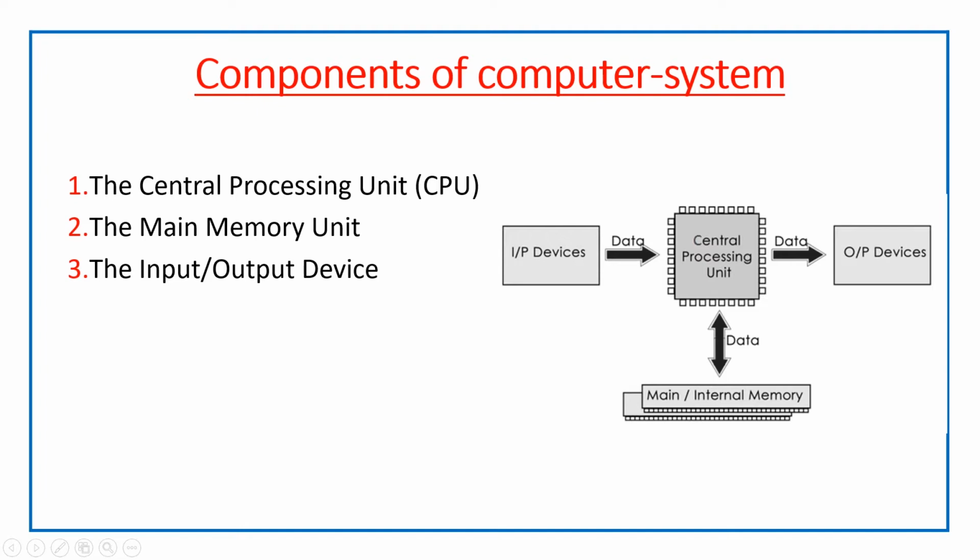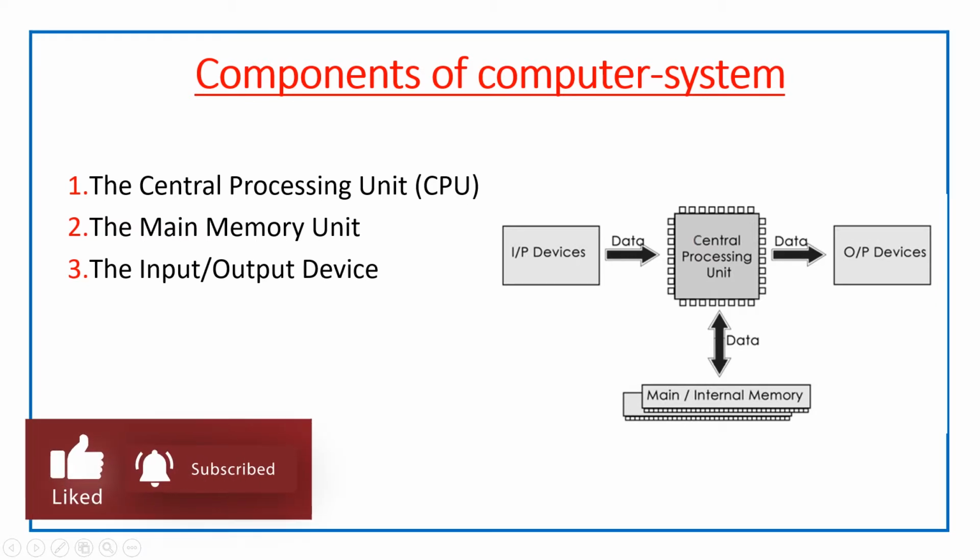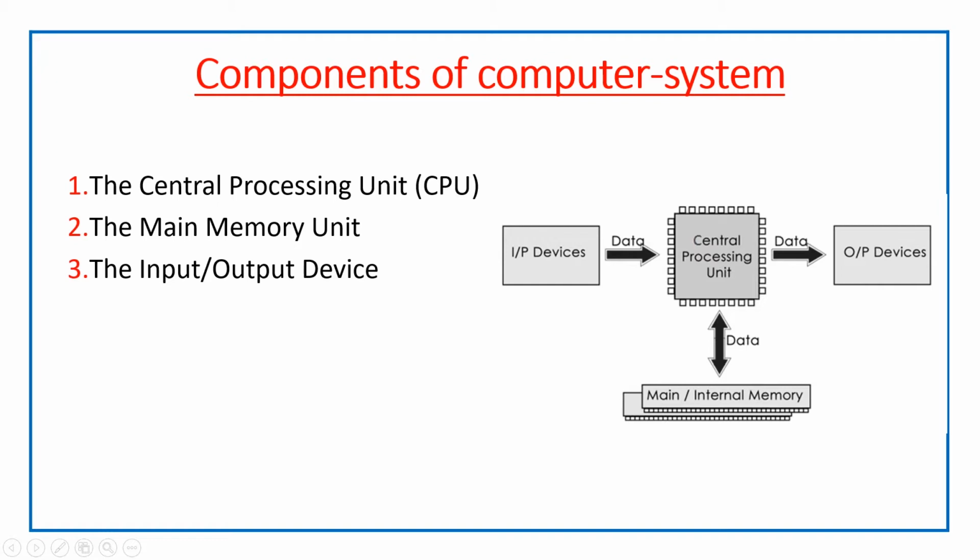In the figure we can see that from the input device the data is moved to the central processing unit, and from the central processing unit the data is moved to the internal memory or main memory, and from the main memory the data is moved back to the central processing unit. From there it is moved to the output device. This is the function of the computer system, and the components are the central processing unit, memory unit and input-output device.